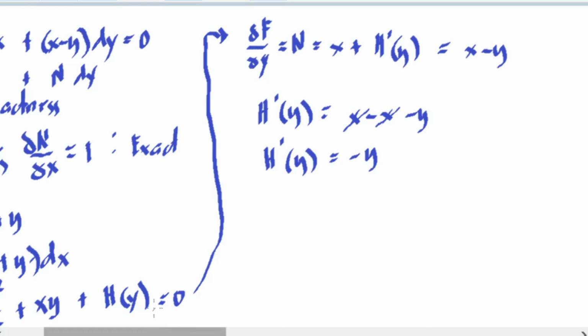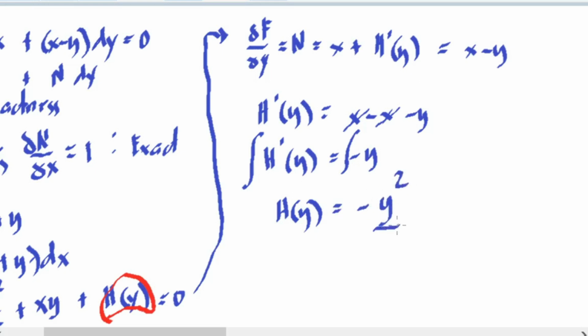We are only concerned with the value of h of y, so we have to integrate this. Integrating h prime of y to get h of y, our h of y is equal to negative y squared over 2.